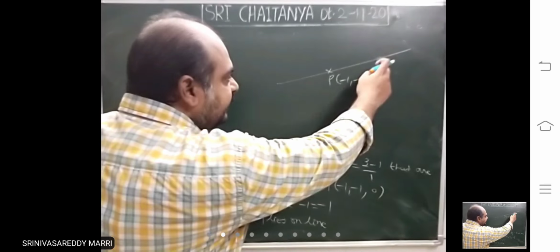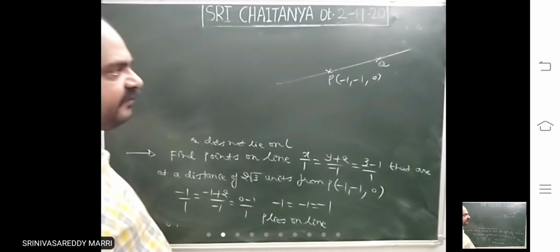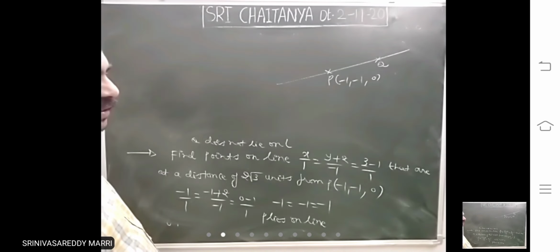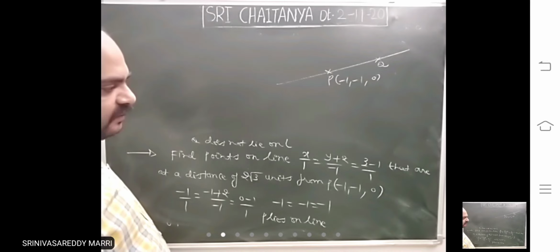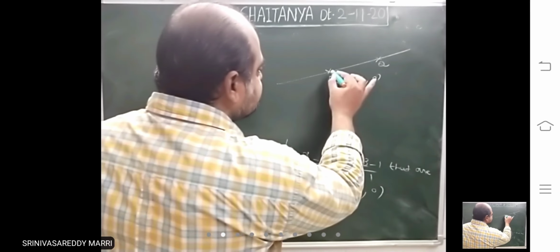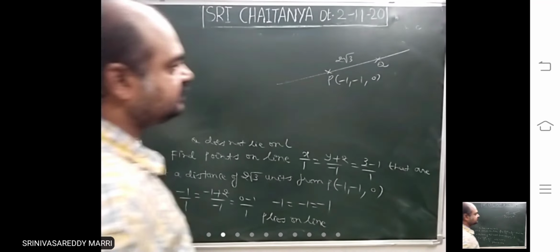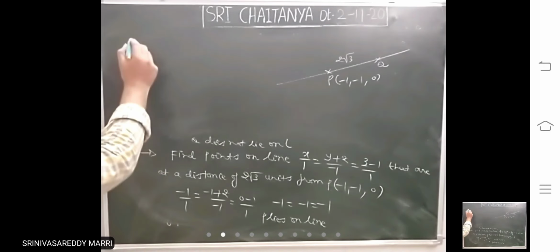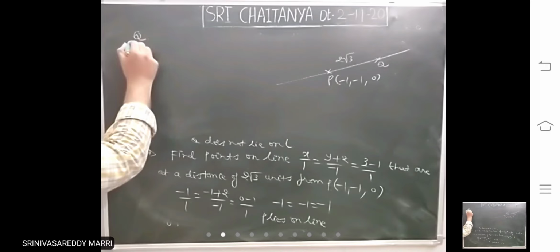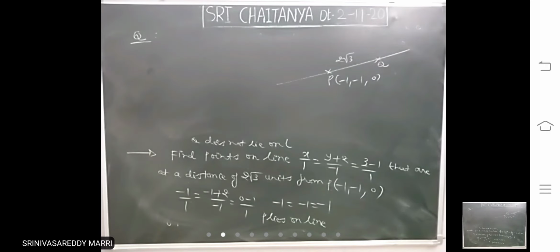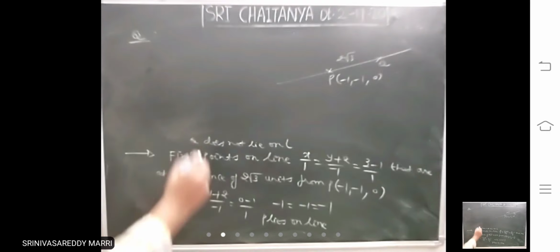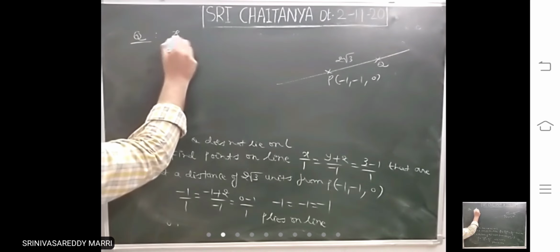That means what you have to find out? X, Y, Z you have to find out, such that the PQ distance is 2 root 3 units. Now the Q point must be taken in this way. Q is on the line. X, Y, Z you have to calculate.